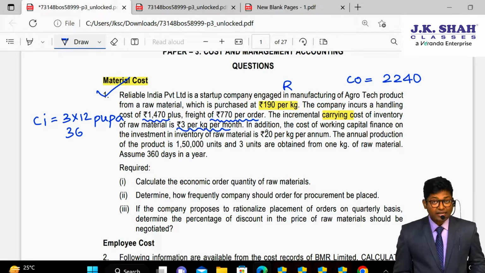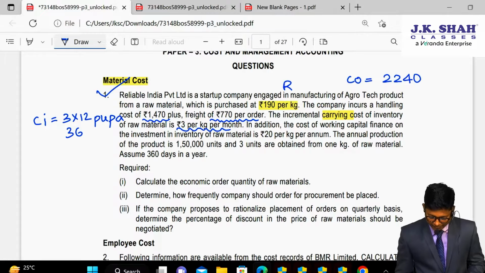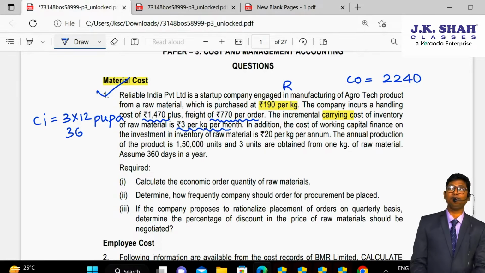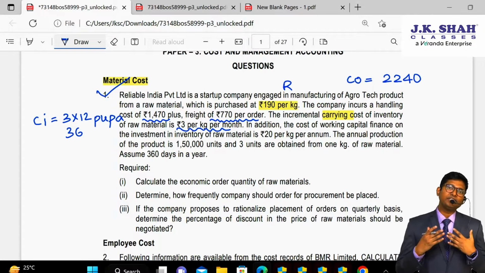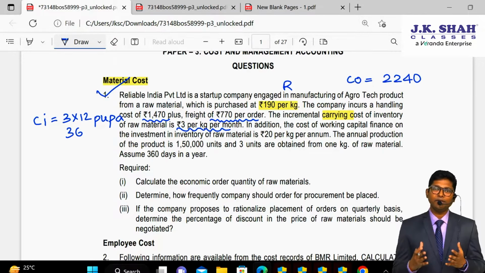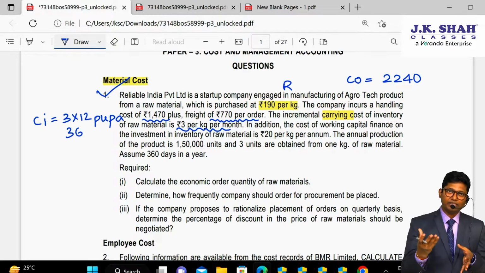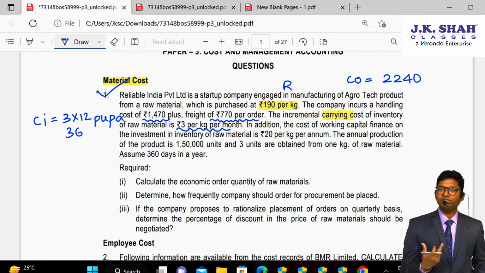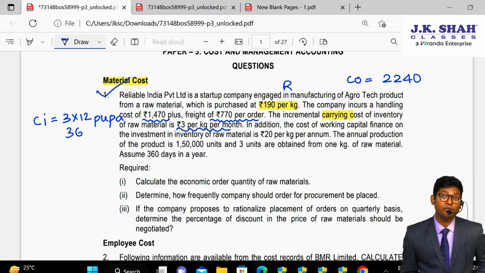Next point says, in addition to this, the cost of working capital finance on the investment in inventory of raw material is rupees 20 per kg per annum. It means whatever working capital, that is the capital which is needed for day-to-day work, you have raised, if you have raised this capital through borrowings, on that borrowing certain cost you are incurring, and that cost is called your carrying cost, because you have blocked this working capital in the material.